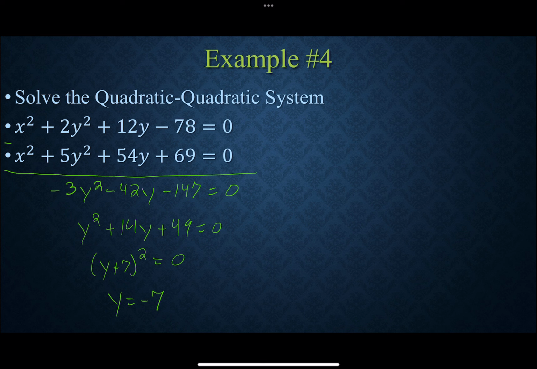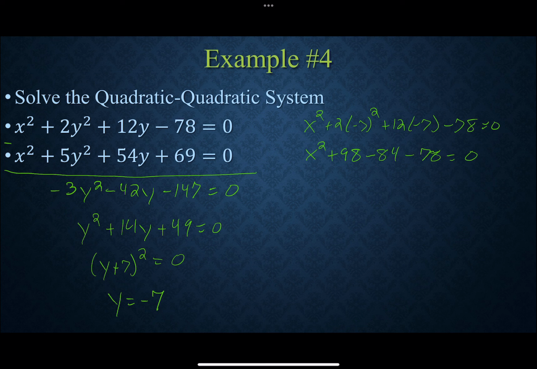It's your choice which equation to plug into. Let's just go to the top. So we get x squared plus 2 times negative 7 squared plus 12 times negative 7 minus 78 equal to 0. 7 squared is 49 times 2 is 98. We get a negative 84 for the 12 times 7 bits.